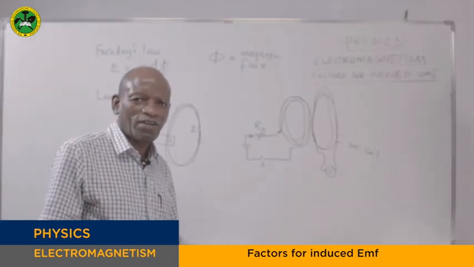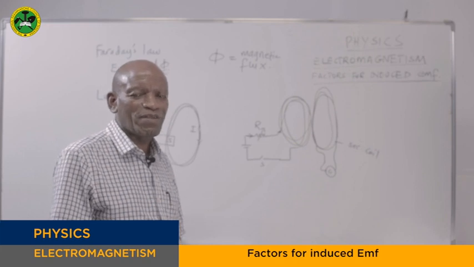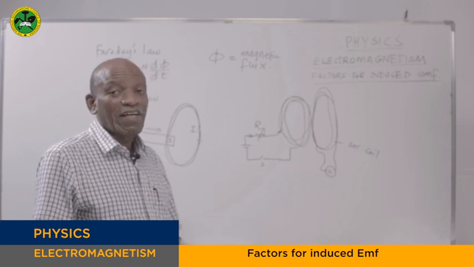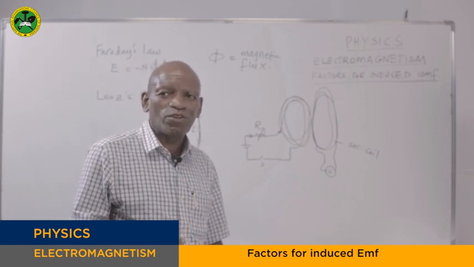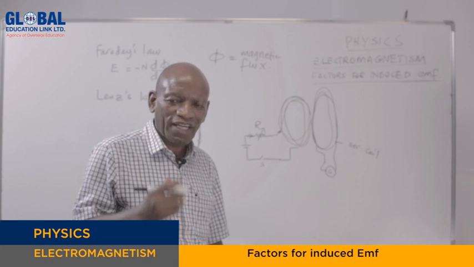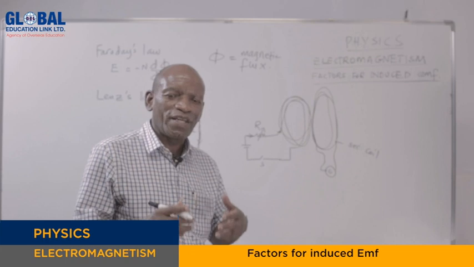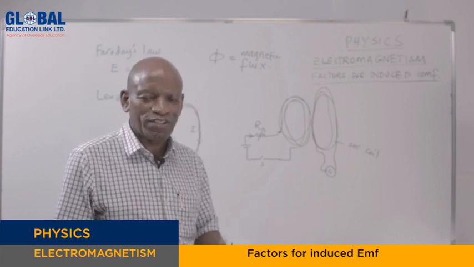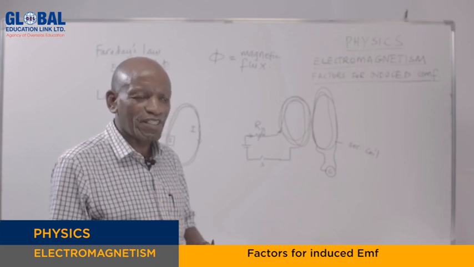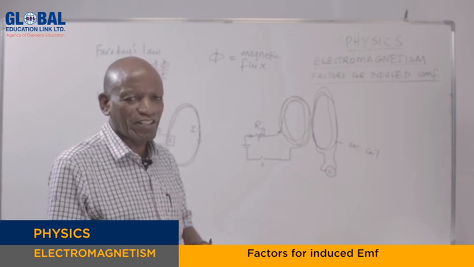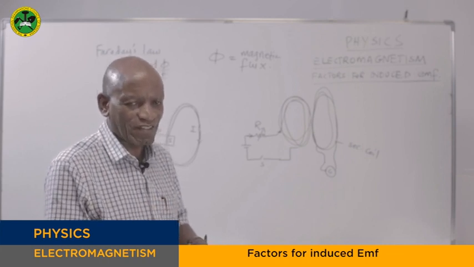Okay, students, as you have already seen, the direction of the induced EMF is dictated by Lenz's law. This can as well be determined by the use of what we call Fleming's right-hand rule, whereby if a conductor moves in a magnetic field perpendicular to itself, then the direction of the induced EMF can be obtained by using your right hand by representation of the first three fingers.